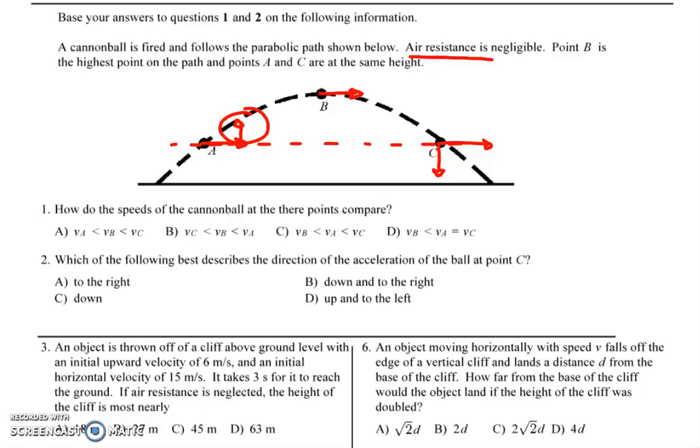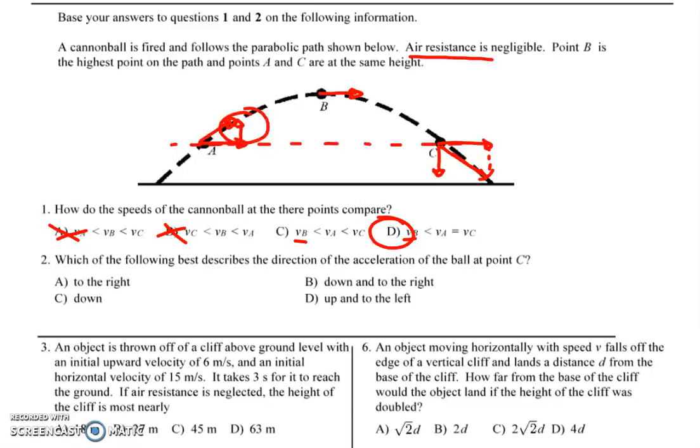So the overall velocity vector for point C will be the same as the overall magnitude of the velocity at point A, and B is going to be the smallest. So we can eliminate A and B, and A and C are going to be equal. So we have choice D.